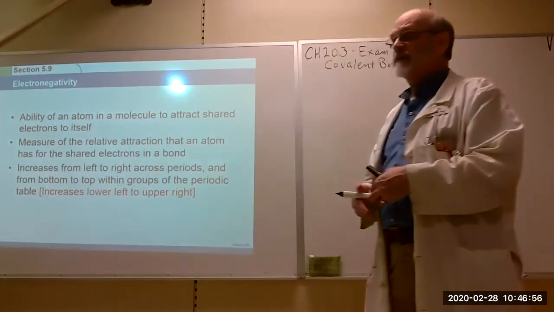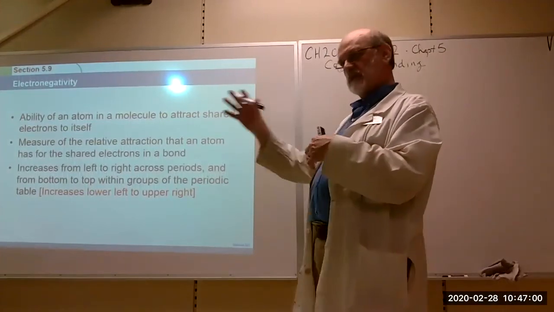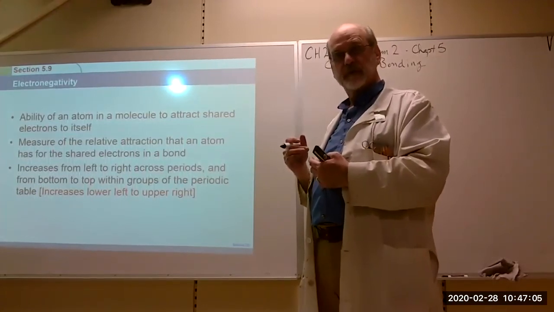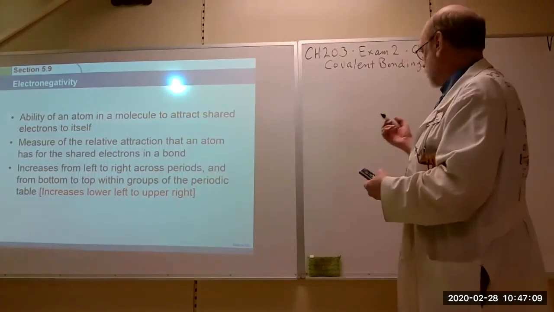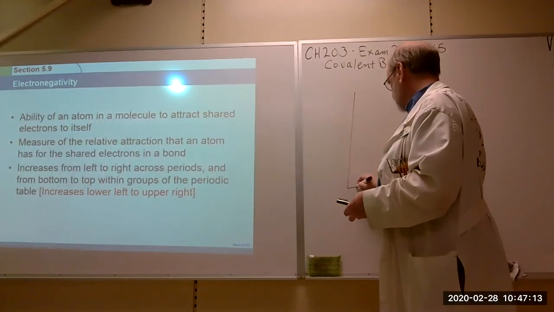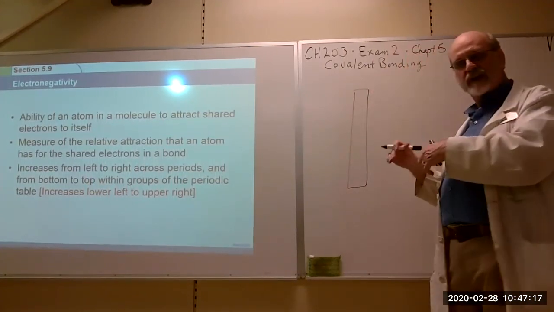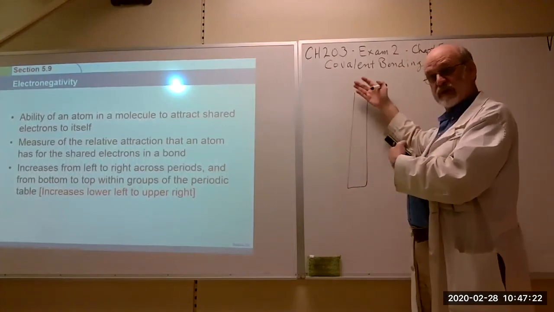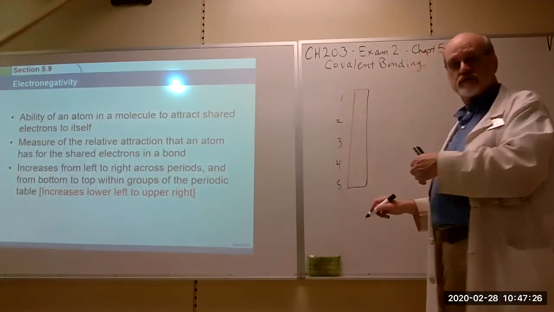So there are trends in the periodic table that can help inform whether or not one is more electronegative than the other. Okay? And to begin with, we look at groups. So if you're within a group, which is more electronegative? Up in the period, which is true.